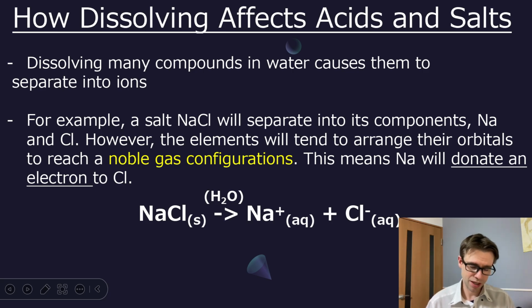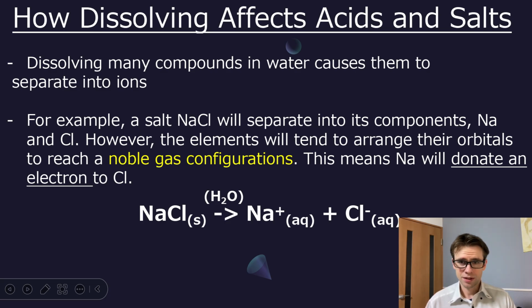So when Na and Cl separate, the Cl is going to take one of the electrons from sodium. That way the Cl gets a full noble gas configuration of 8 valence electrons, and the Na will go down to the most recent noble gas configuration as well. More stable that way for both of them.